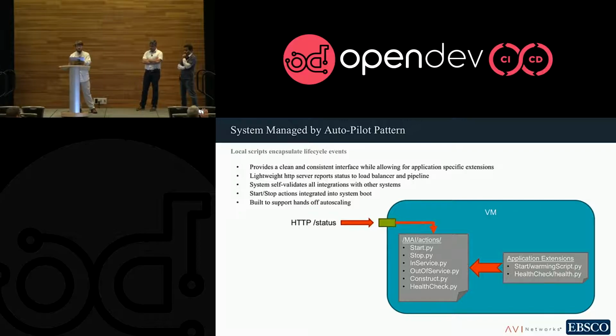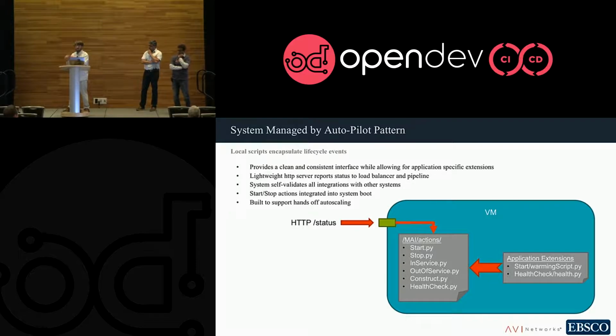The actual construction is handled by a nifty pattern called the Autopilot Pattern. What this pattern basically states is, rather than centralizing all this deployment logic and all this special stuff you'll have to do for each application, put it in local scripts on your system in these standardized lifecycle events, and your deployment process just calls those.